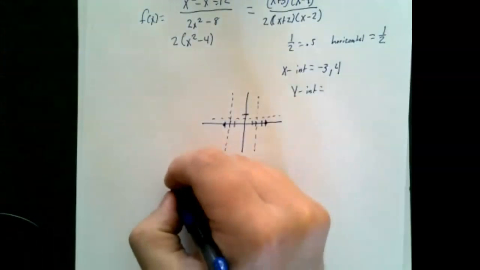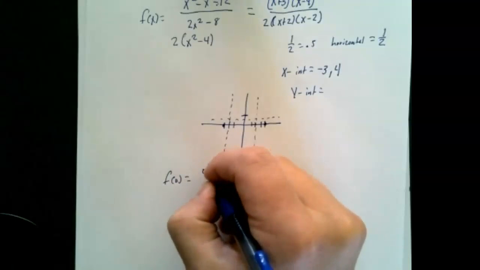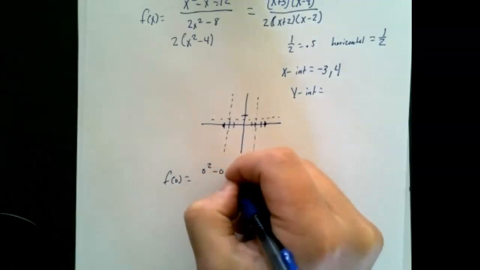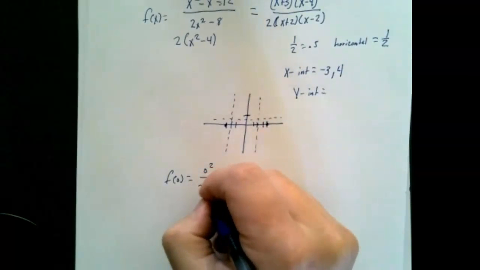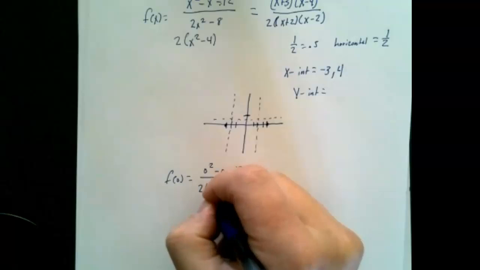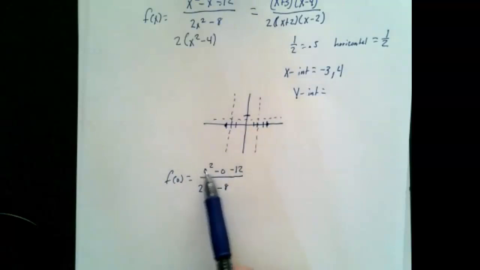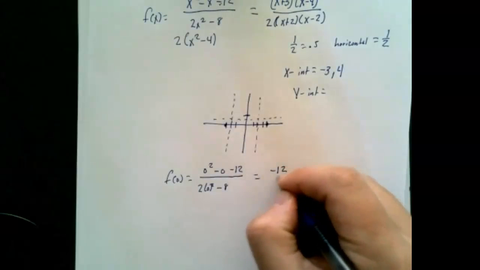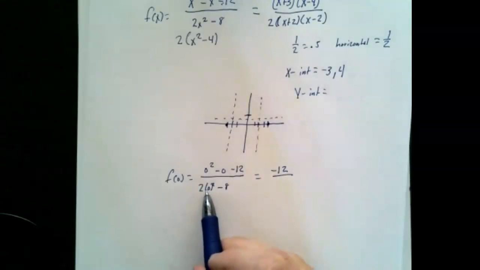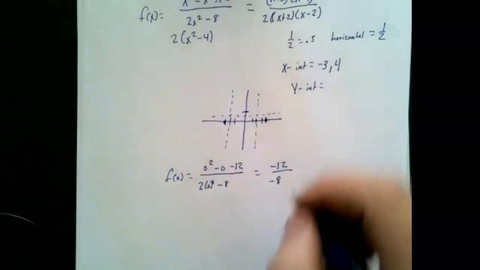So finding the y-intercept, I'm going to plug 0 into our equation. So f of 0 is equal to 0 squared minus 0 minus 12 on the top, plus 2 times 0 squared minus 8 on the bottom. Okay, so that's 0 minus 12, that's going to be a negative 12. 0 squared is 0, times 2 is 0, over a negative 8.